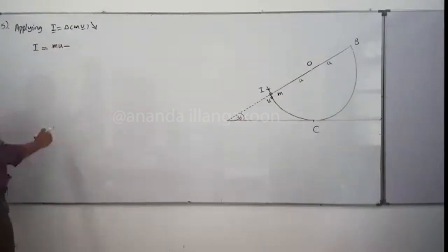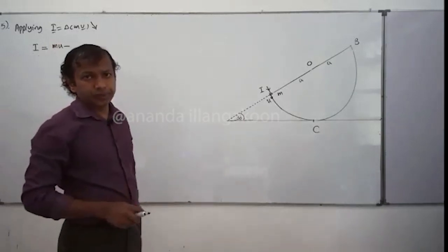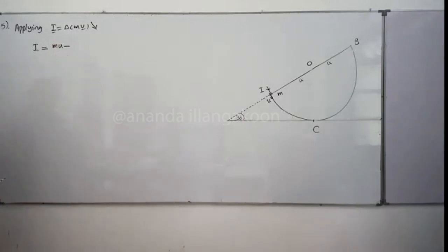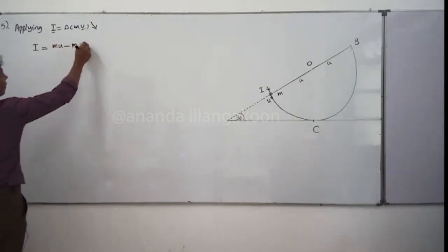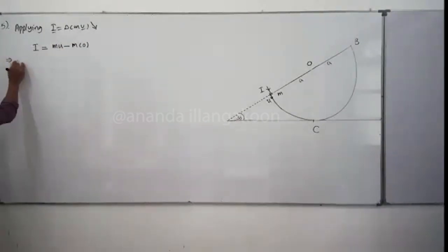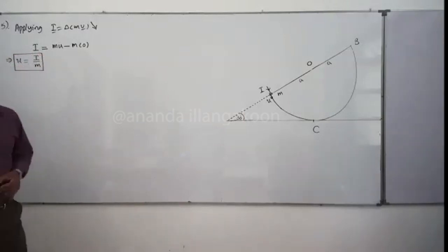Final momentum here means after giving the impulsive force, with the velocity u we assumed. Initially it was at rest, just before giving the impulsive force I. Then we get u is equal to I upon m. First part is okay.